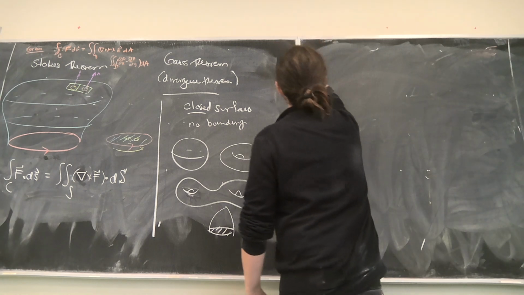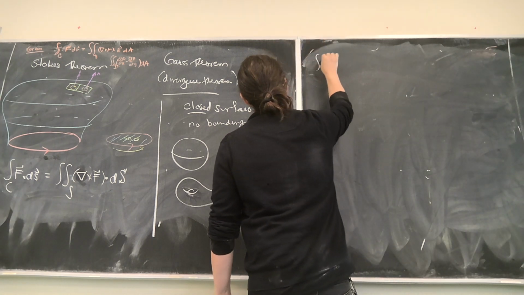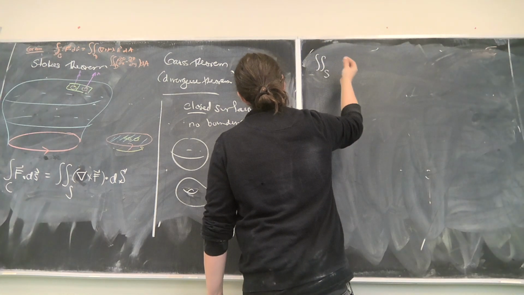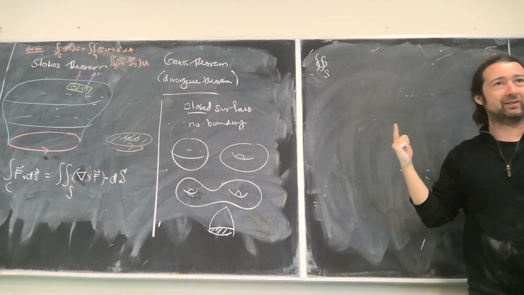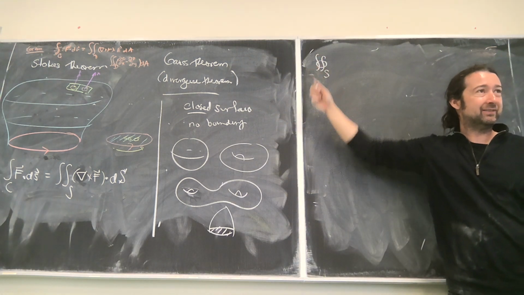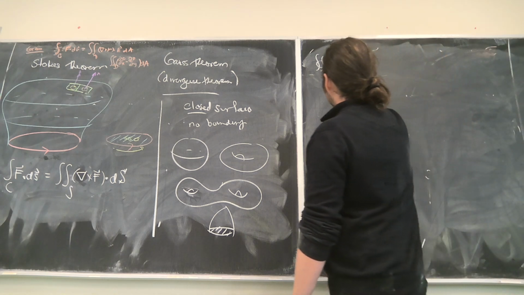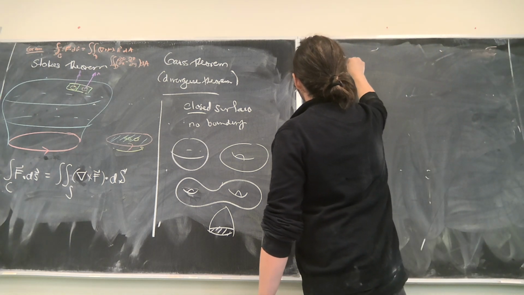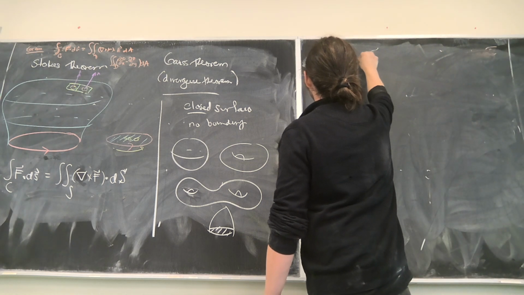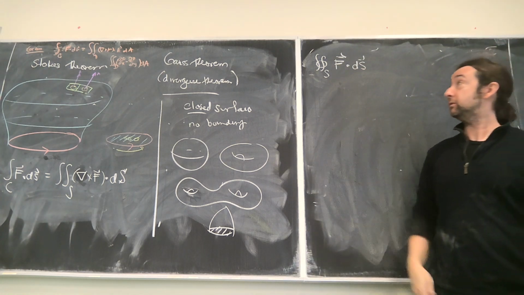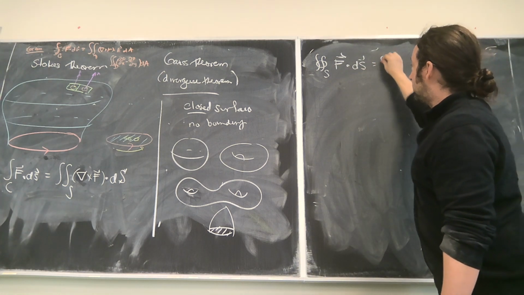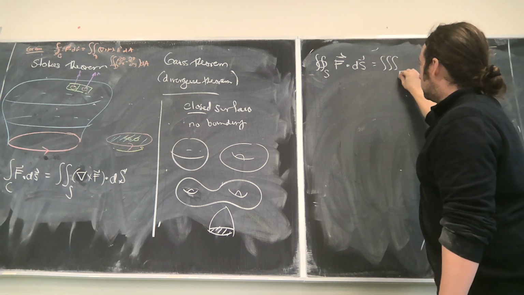Gauss's theorem says the following. The double integral on the closed surface, a lot of times this is written with this hilarious symbol, which means it's a closed surface, of F dot dS. So this is a flux integral, is equal to the triple integral in the interior.